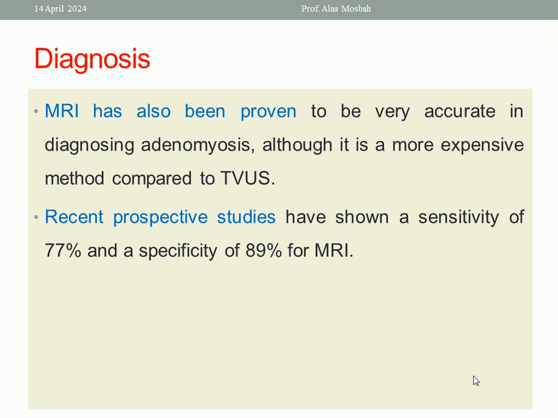Recent post-operative prospective studies have shown a sensitivity of 77% and a specificity of 89% for MRI. So it has a higher specificity, as you see, 89%, than 2D or 3D transvaginal ultrasound. The specificity of MRI is high.